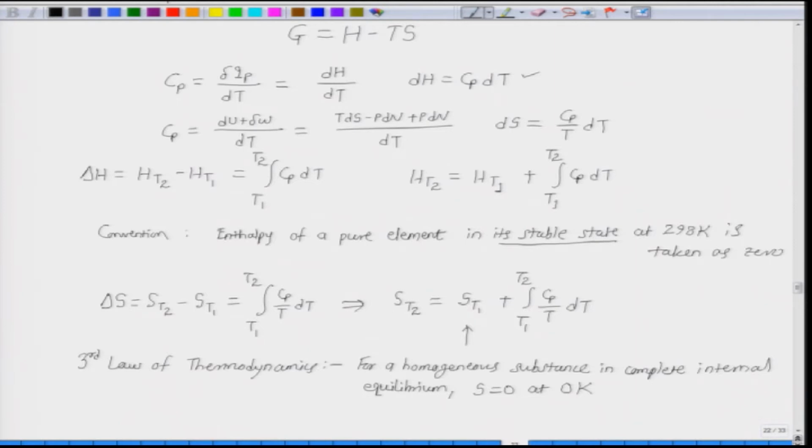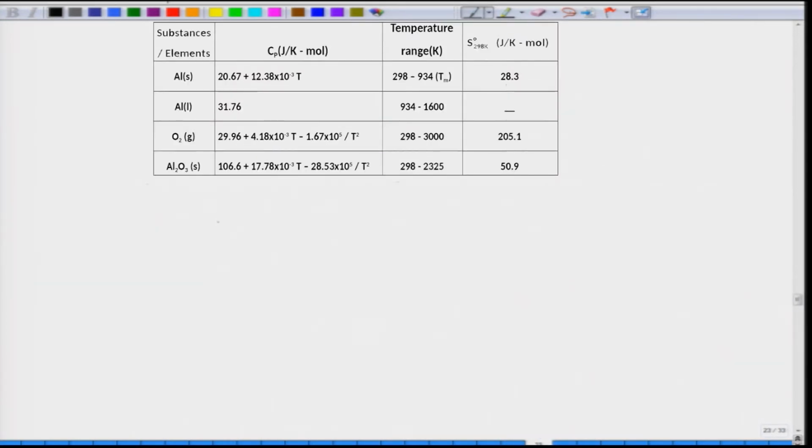So, based upon knowledge of Cp versus temperature, we can get to the enthalpies and entropy, and then from it we can evaluate the Gibbs free energies. So, the Cp is typically expressed as a function of temperature. The empirical formula in the tabulated data usually is A plus BT plus C by T square.